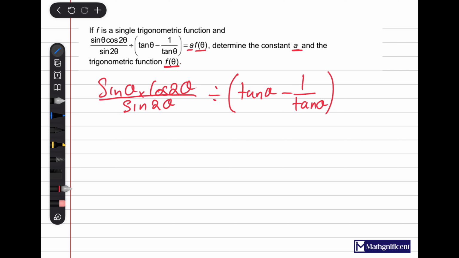So now we know that we have to simplify this, and when you're simplifying trig expressions, these are some of the things that we should change. When you come across a double angle, we have to change it. And also when we see tan, we know that we also have to change this.